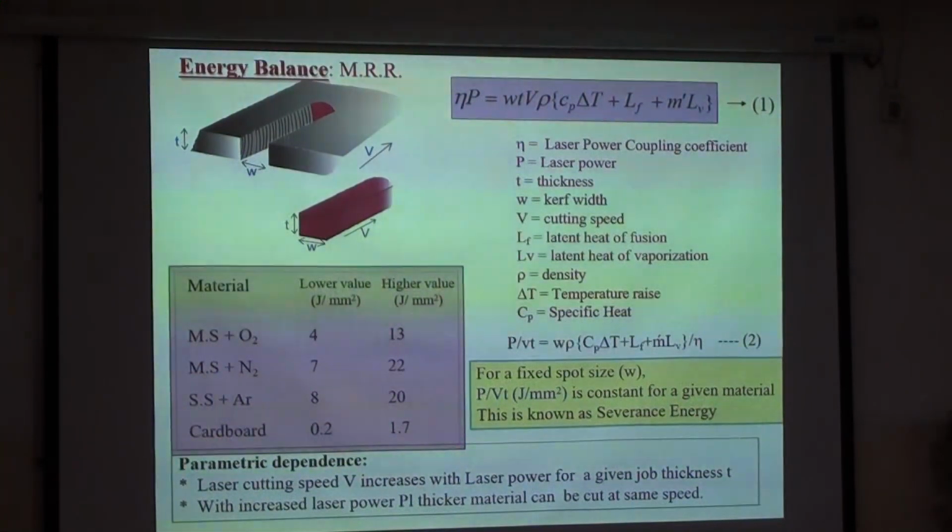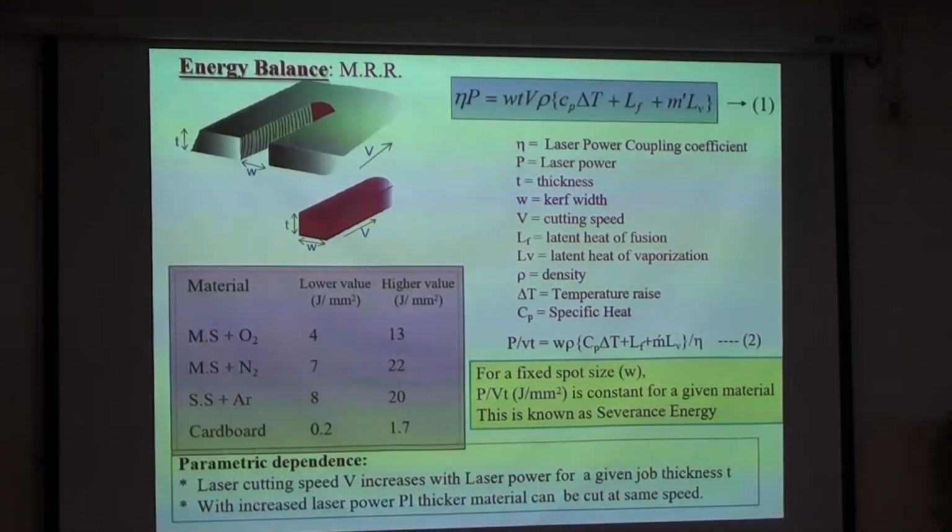Unit time will be carrying out the mass balance, or sorry, not the mass balance, energy balance equation. So this W into T into V, this particular term will give you the mass, because this particular formula resembles mCp delta T, right? This is a simple mass energy balance equation. So WTV is, per unit time, the mass that we are removing, because here we are interested in removing the material.